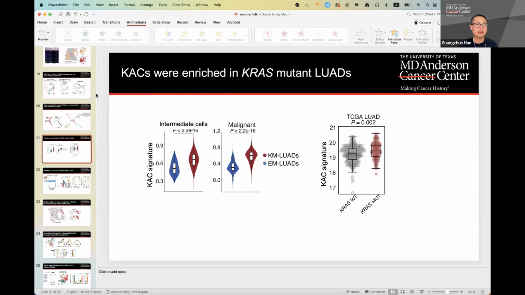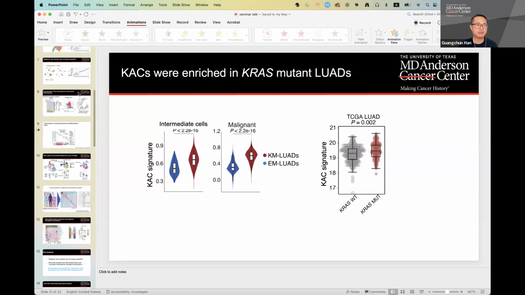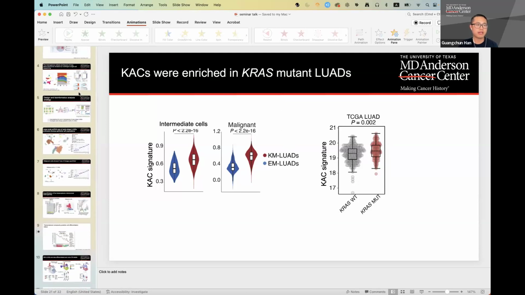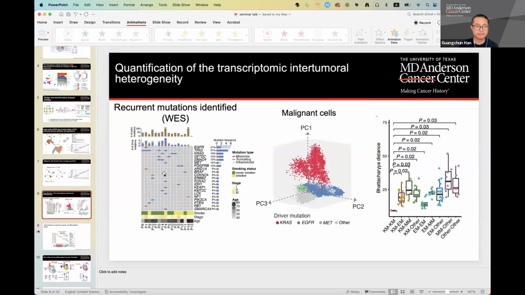Okay, for the MET mutant samples, we do compare them, but the major issue here is we only have one patient with the MET mutation, and this patient is patient 4. We didn't capture so many cells when we consider the cell number, so we didn't get a reliable statistical result.